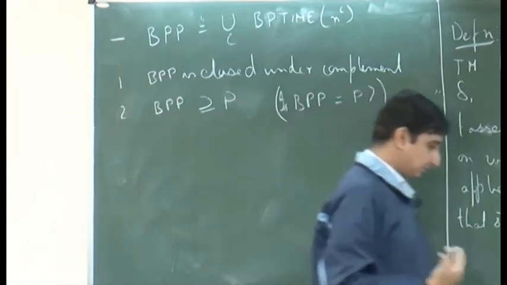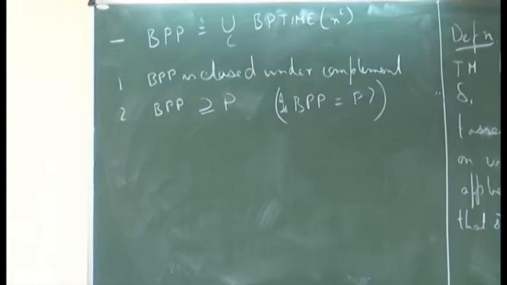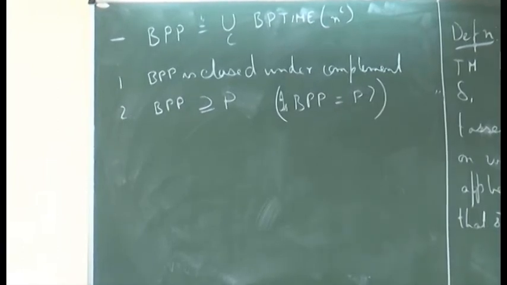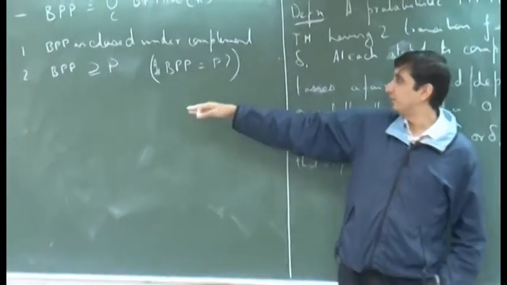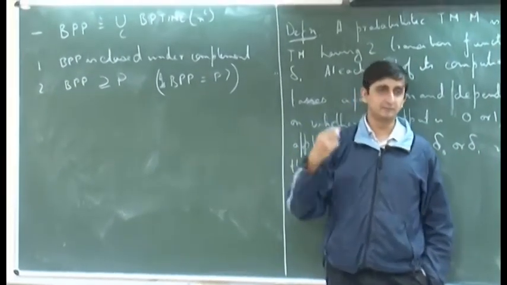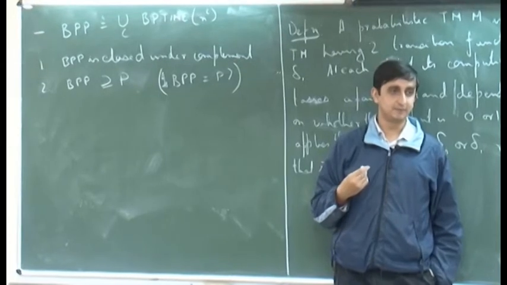Now, this is kind of counterintuitive to what we have seen so far. So far, when we looked at complexity classes with varying computational resources, especially in the polynomial time setting, we saw that it is believed that those classes are not the same.